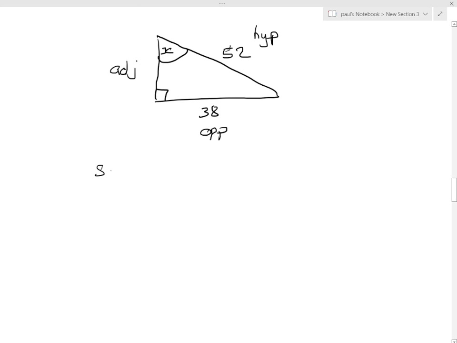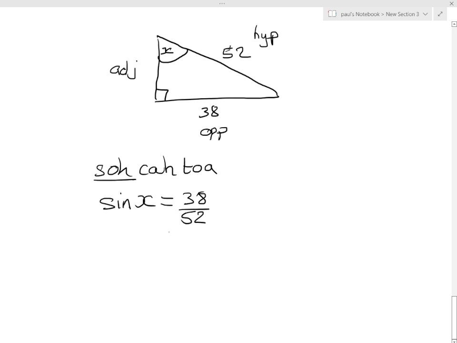So again, SOH CAH TOA. So we need the opposite and the hypotenuse. Yeah, that one. So sine x equals the opposite divided by the hypotenuse.